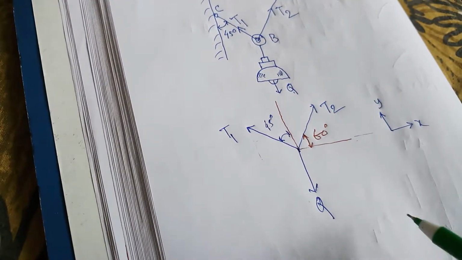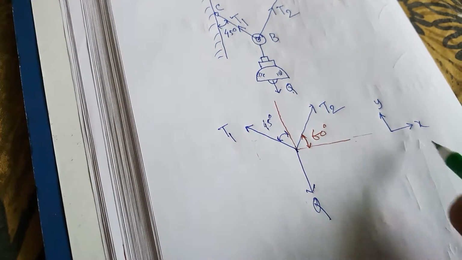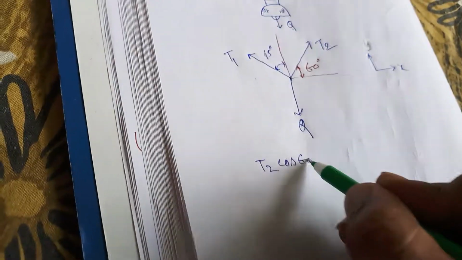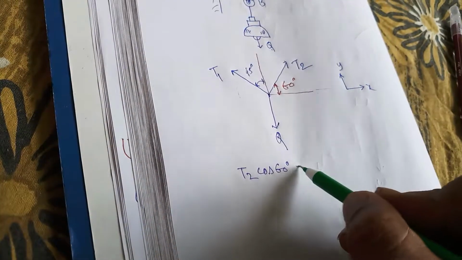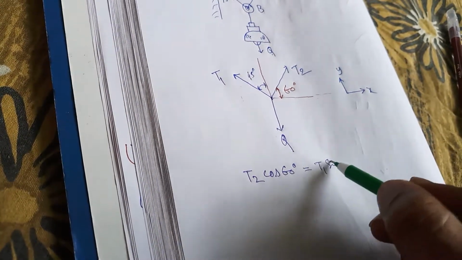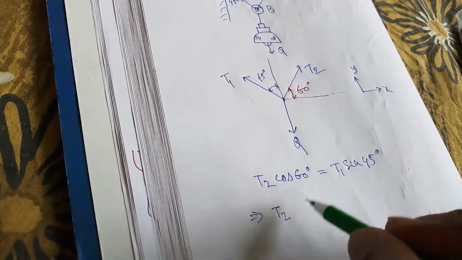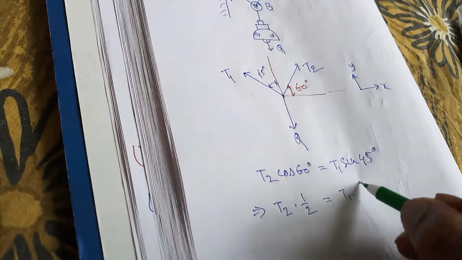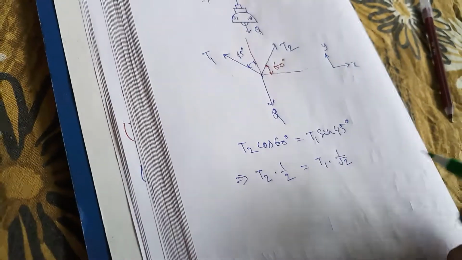Considering the x direction, the component of T2 in this direction will be T2 cos 60 degree. So T2 cos 60 degree will be equal to T1 sin 45 degree.